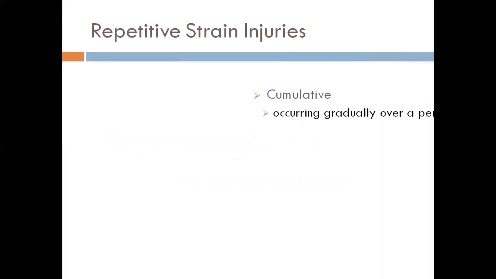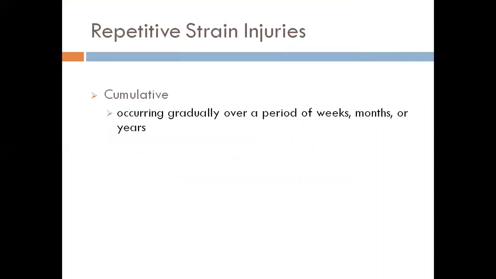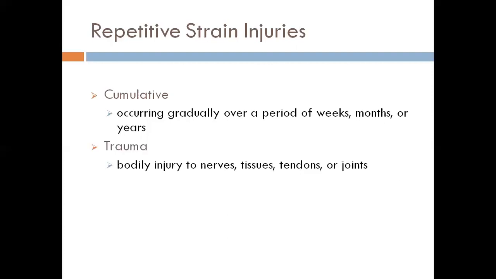Repetitive strain injuries are cumulative, occurring gradually over a period of weeks, months, or years because you are doing continuous work. This is your repetitive work. You cannot avoid that. So if some problem occurs, it will grow day by day. Trauma: bodily injury to nerves, tissues, tendons, and joints.